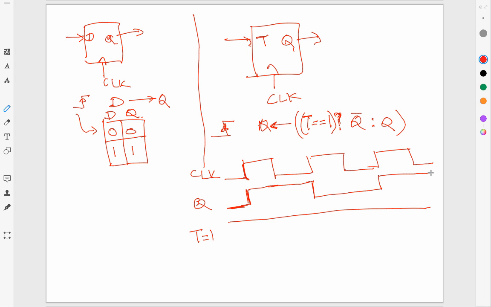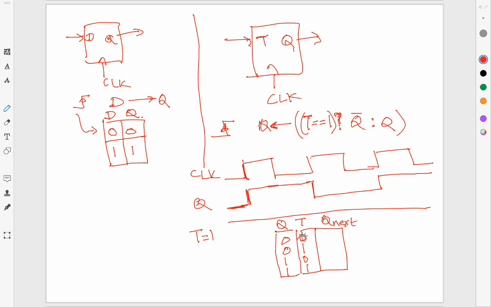Okay, so the truth table for the T flip-flop looks like the following. I have separated out Q. The left column is the current value of Q, the next column is T, and then the next value of Q out here.